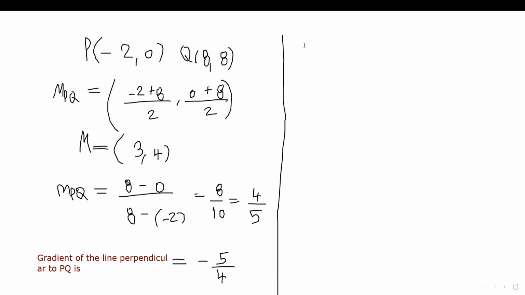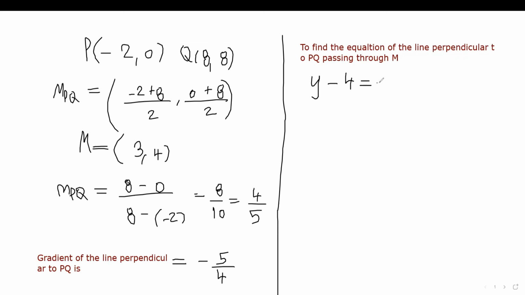So now to find the equation of the line perpendicular to PQ passing through M, it's y minus the y value at the point, which is 4, equal to the gradient, minus 5 over 4, times x minus the x value at the point, which is x minus 3.